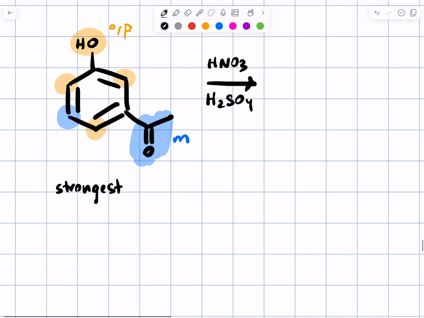So I'll just show it to you here. You're going to use the principle: the strongest activating group wins. And of course, the ketone is a deactivating group, so that means we're going to follow the regioselective preferences of the phenol. Okay? Now, that's kind of difficult.